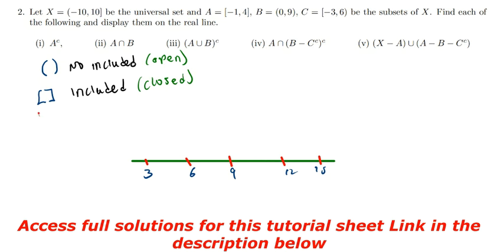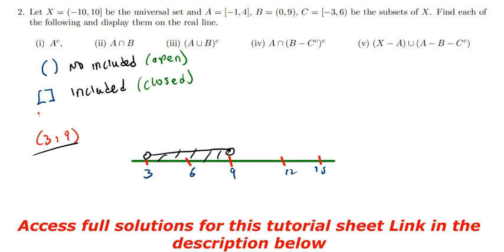Then we are saying a particular set is 3, 9. When presenting this on the number line, you can see that 3 is not included, and 9 is also not included. So it's going to be open at 3 as well as open at 9. Then you join these two. So that is going to be your answer. You would have answered this question and presented it on the number line.